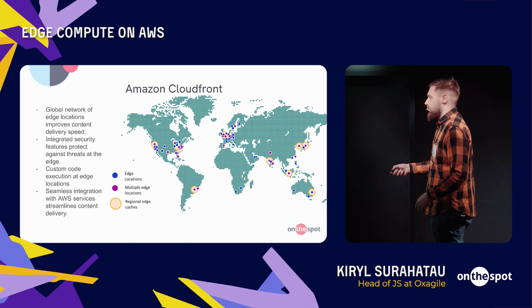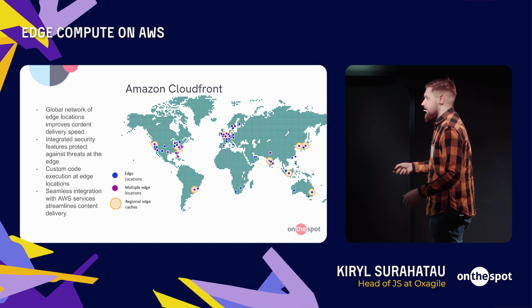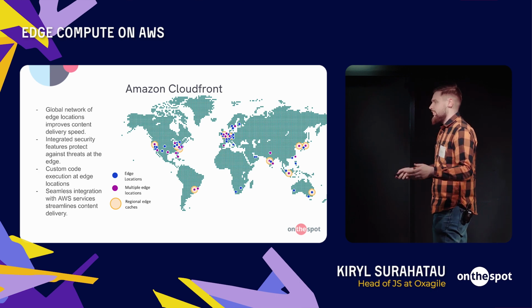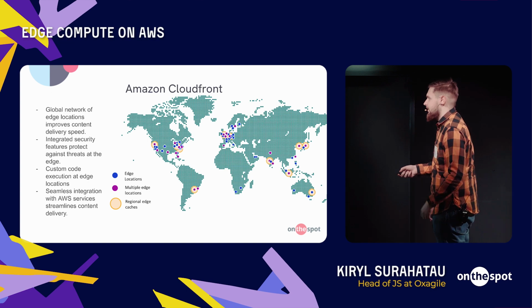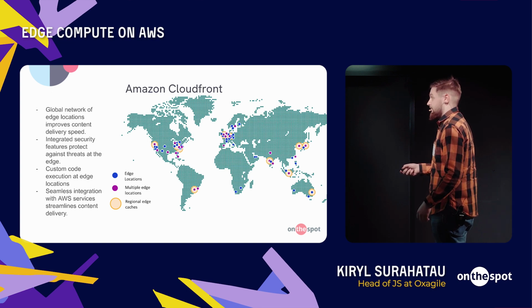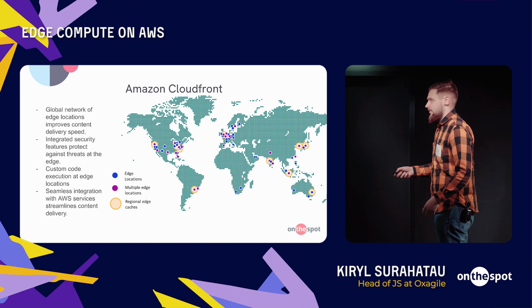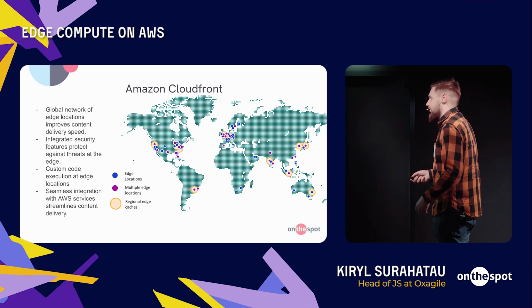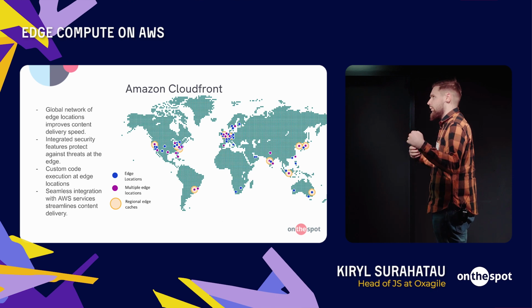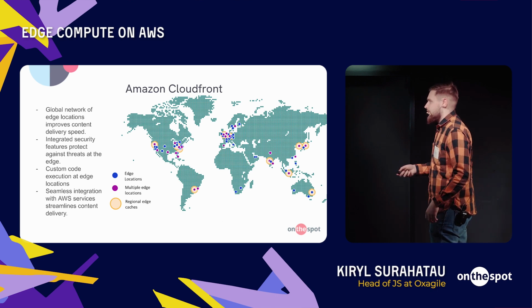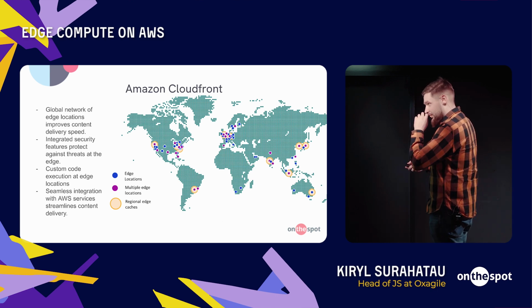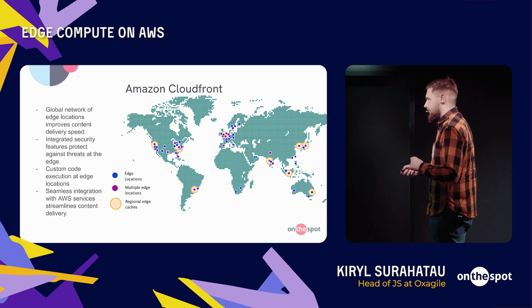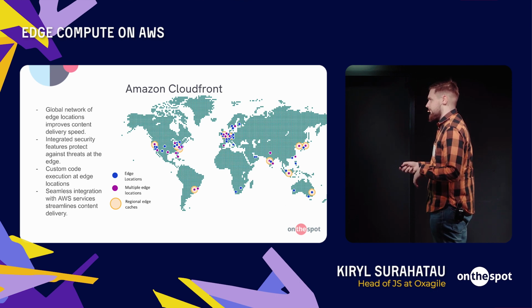There are a few points on the map, such as edge locations and regional edge caches here. And in Europe, we have slightly better presence than in the United States, which is rare to see, but still, this is how a CDN works. You cannot ignore huge locations, and all the computations are happening on edge locations here. So at edge location level, at the blue dots.